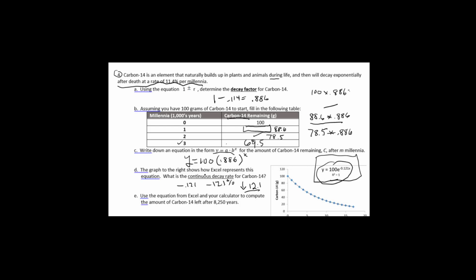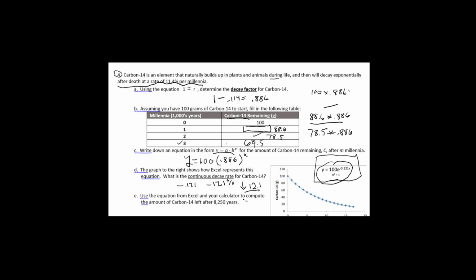All right, use the equation from Excel in your calculator to compute the amount of carbon-14 left after 8,250 years. So I should make you do that one and not even put the answer down. So we're going to use this equation, right?